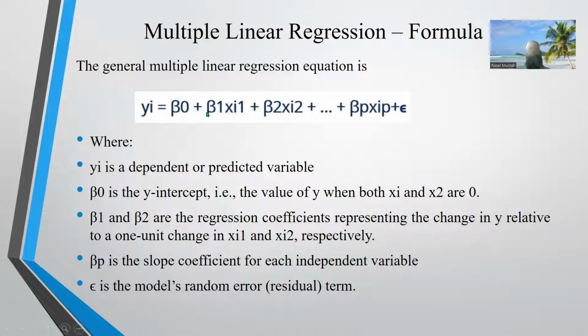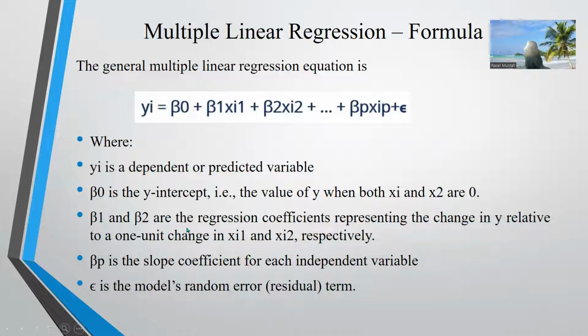There is the general multiple linear regression equation: Y equals beta 0 plus beta 1 xi1 plus beta 2 xi2 and so on. Here Y is the dependent or predicted variable, and beta 0 is the intercept, the y-intercept. That means the value of Y when x1, x2 and so on are 0.